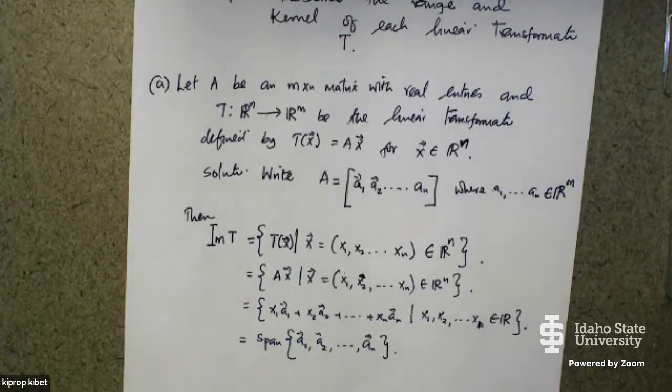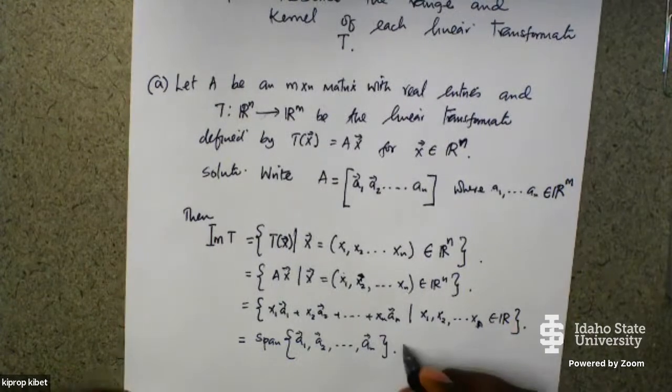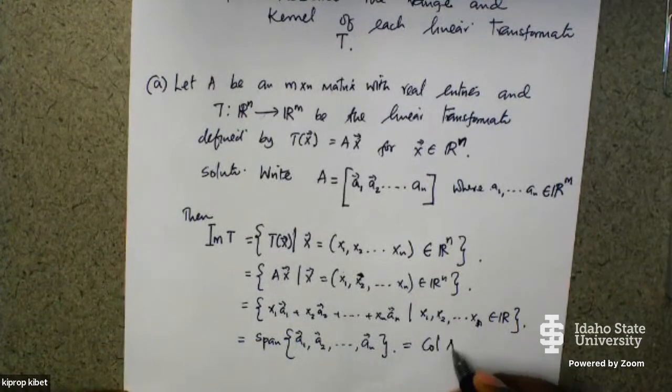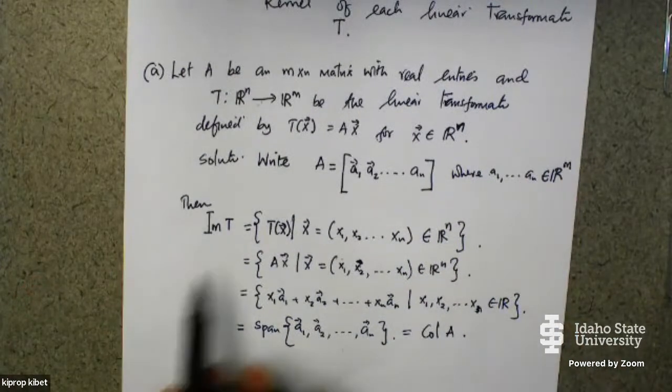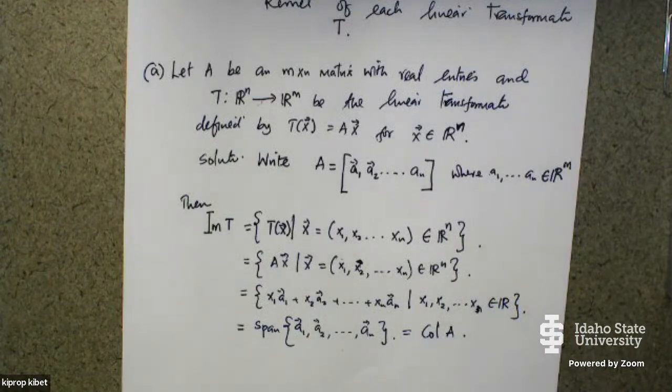And this span, if we remember, is the column space of A. So if these give us a solution, we get this as the span, which is a linear combination. Therefore, the image of T is the same as the column space of A.